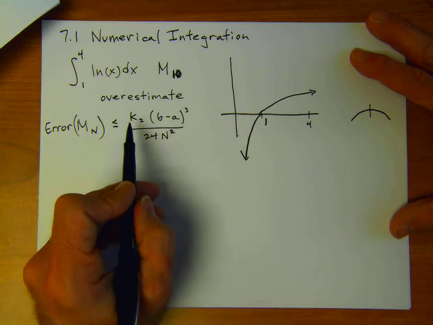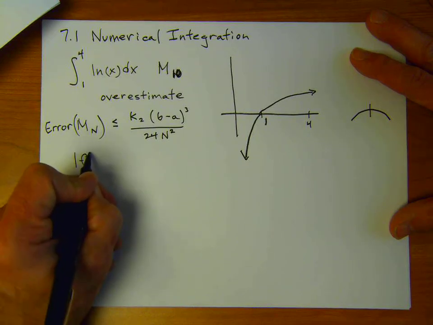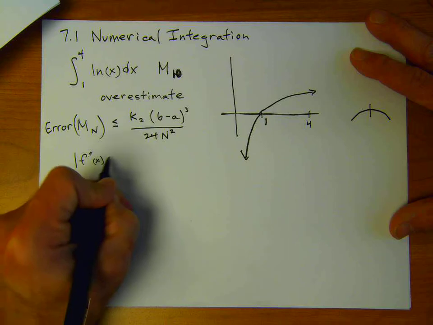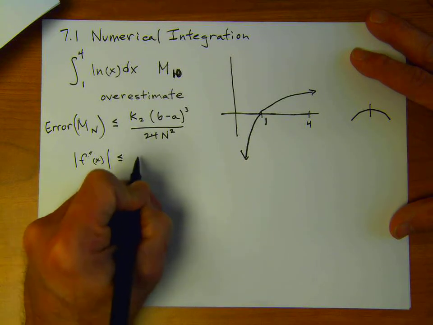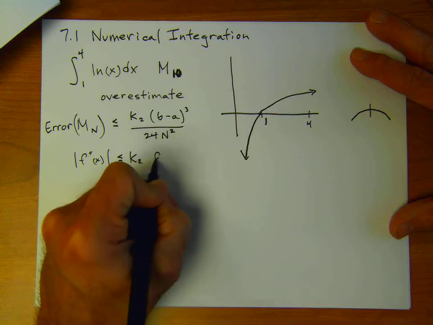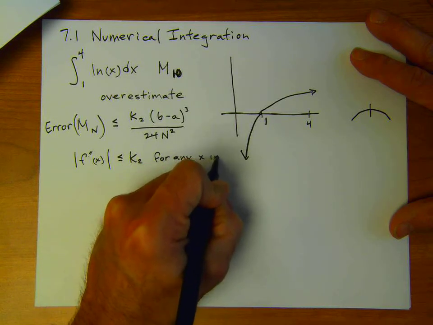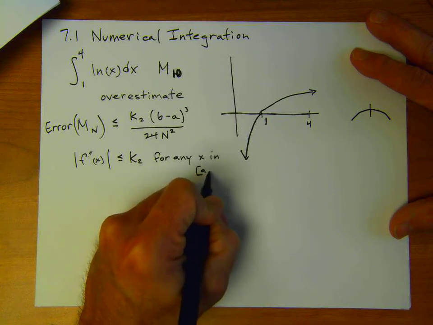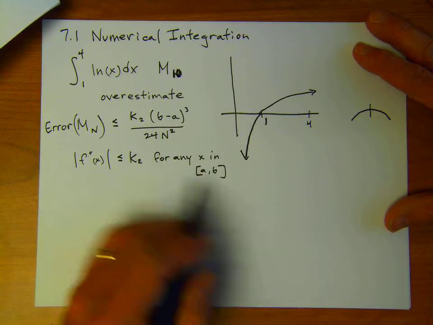Remember, K is the number that is an upper bound for the second derivative of our function, for any x in our interval [a, b].